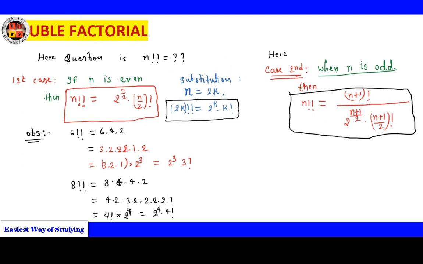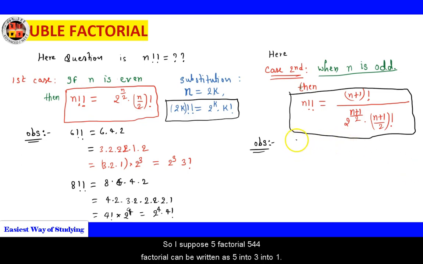So have a look at this result, just explaining from where this result has come. Suppose 5 double factorial can be written as 5 into 3 into 1.